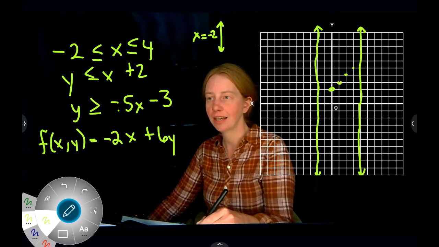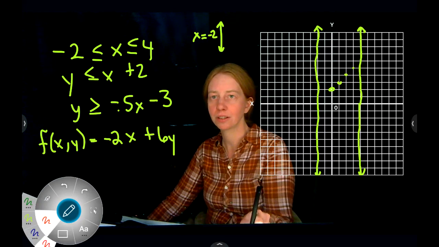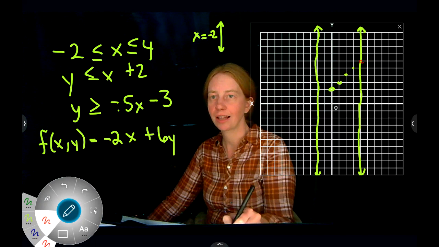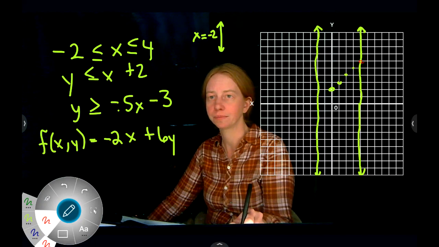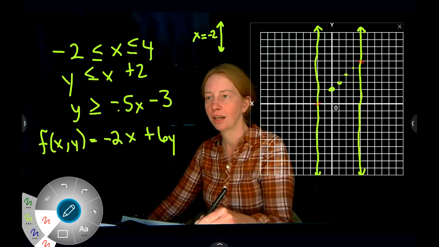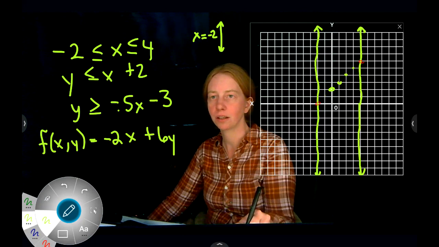I'm going to highlight that one so that it's red, because I think this one might be important since we're going to touch that line. We're going to do the same thing with this one while I've got the red out. And let's make the rest of them this green. So a few more points, and I can go ahead and start graphing that line.